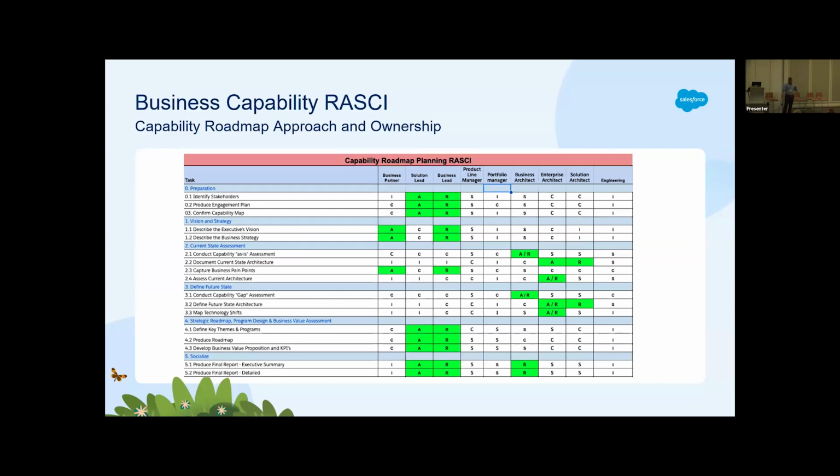How did we get there? Again, a scientific approach. We looked at the roles involved within these capabilities, what skill sets they have, and who would be appropriate for a particular capability. That was a big exercise that we did even before we went into it.